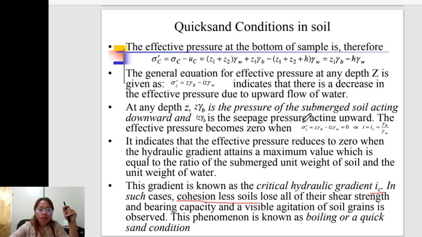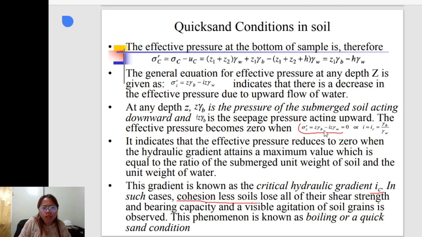Remember this condition. For a quicksand condition, it can become 0. This is actually the effective stress. If there is an upward pressure, then it is subtracted, and this will be equal to 0.